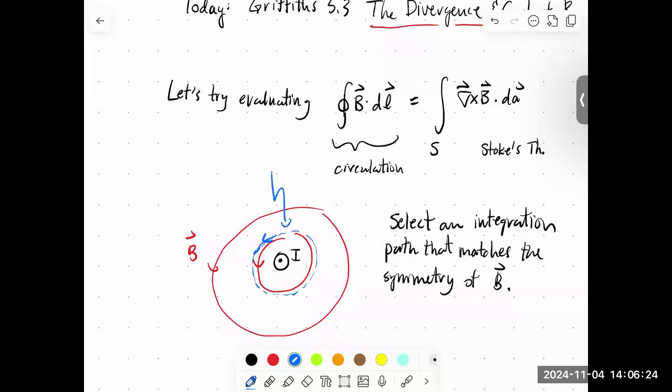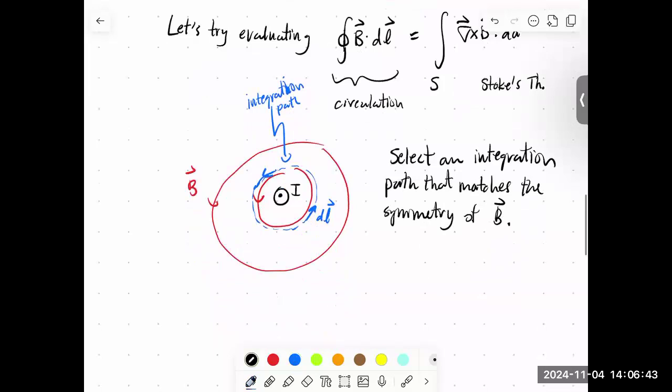And so my dL will be tangent to this path. Okay, so that's fairly easy to do.